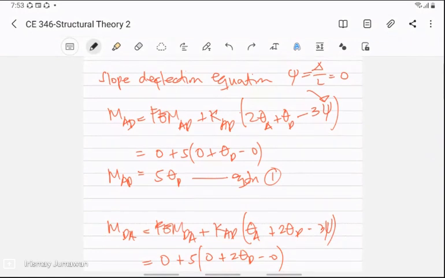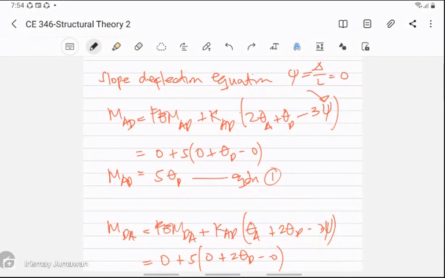If you observe, it is reversed because for the second one, the near is at A, then the far... This is the near, this is the far end. Here, this is the far end and this is the near end.